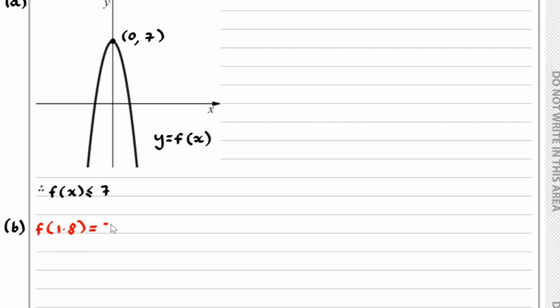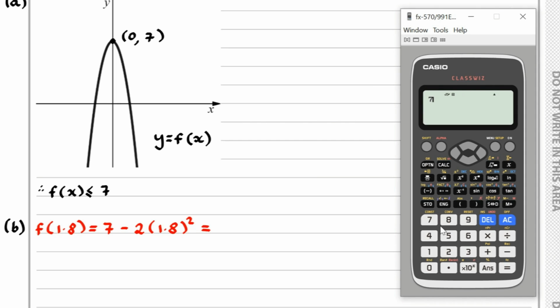F of 1.8 is equal to 7 minus 2 lots of 1.8 squared. So if we work this out, that's equal to 0.52.